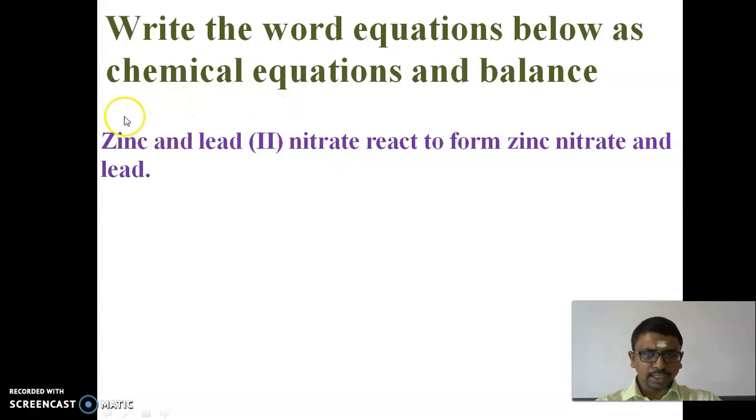These zinc and lead 2 nitrate will come on the left hand side, which react to form zinc nitrate and lead. These two names come on the right hand side.